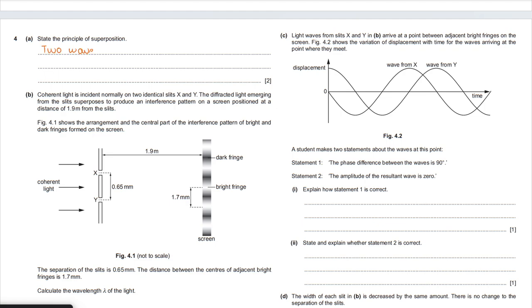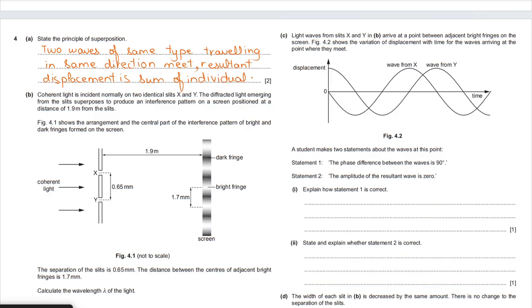Two waves of same type traveling in same direction meet, so resultant displacement is the sum of individual displacements.